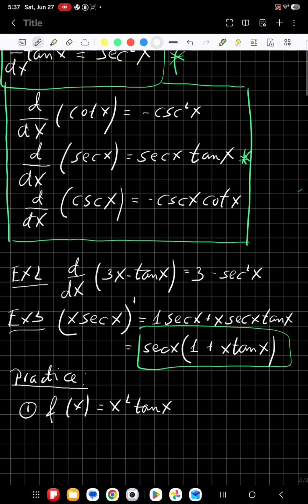And then the second one is secant x over x.